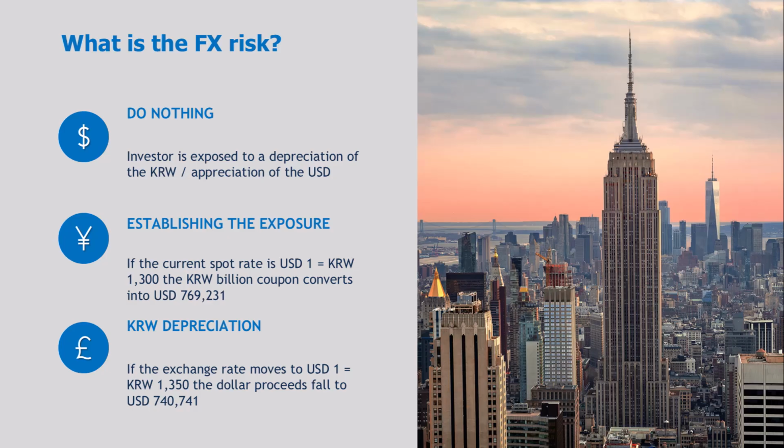If the exchange rate moved to $1 equals 1350 Korean won, which would represent a won depreciation, the dollar proceeds would be reduced to $740,741. Admittedly, the opposite could also happen in that the won could appreciate, increasing the dollar income.